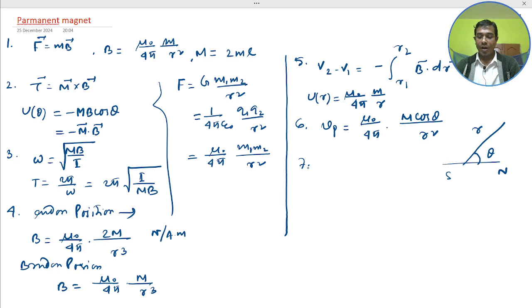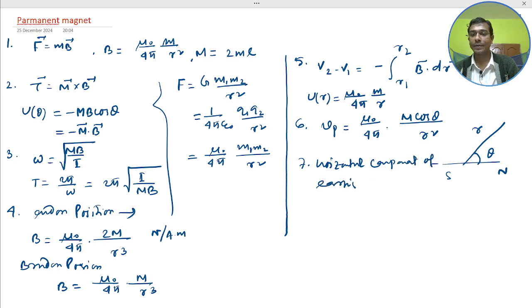Next one, horizontal component of the Earth's magnetic field. So this is the BV, and here this is the B, this is the BH.